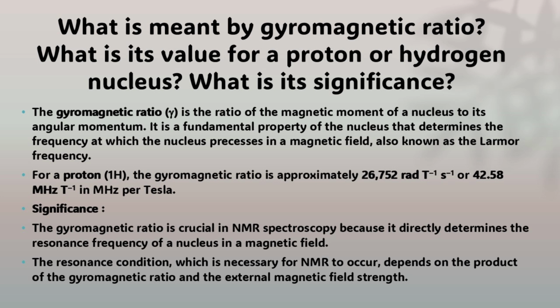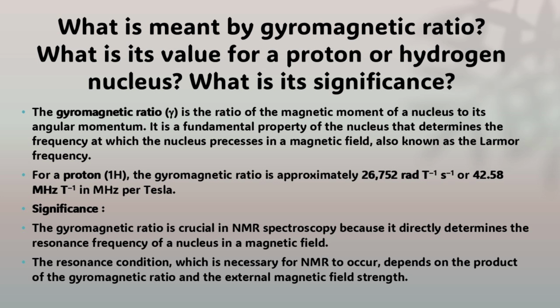The answer to this question is, the gyromagnetic ratio, often represented with the Greek letter gamma, is the ratio of the magnetic moment of a nucleus to its angular momentum. It is a fundamental property of the nucleus that determines the frequency at which the nucleus precesses under the influence of the external magnetic field, also known as the Larmor frequency.